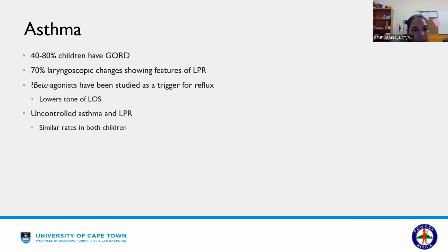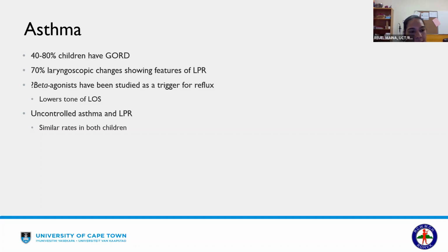Looking at patients with asthma, in the literature it was found that 40 to 80% of children with asthma have gastroesophageal reflux disease, and 70% of these patients with gastroesophageal reflux disease have shown laryngoscopic changes of LPR.